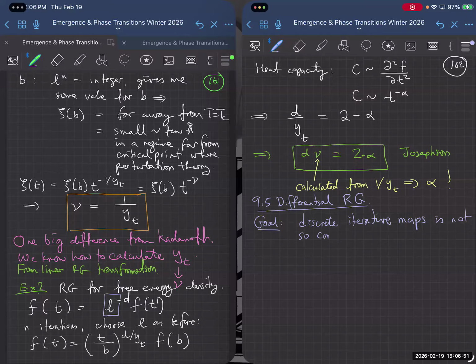What we actually like to do is calculus. So what we want is a continuous description. And that means that we go from discrete maps to ordinary differential equations.